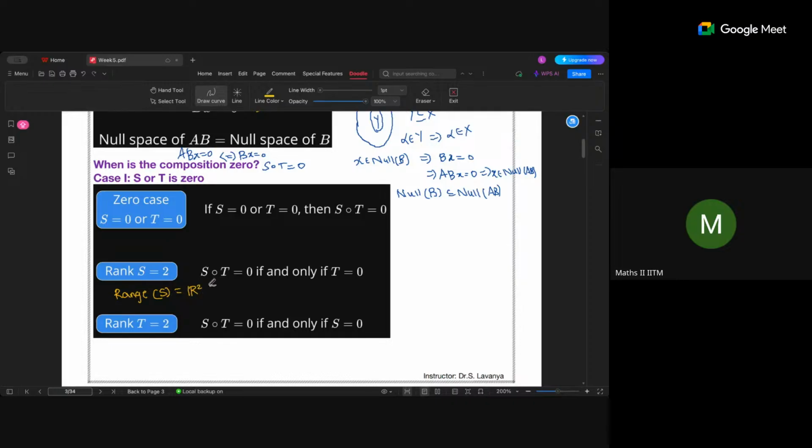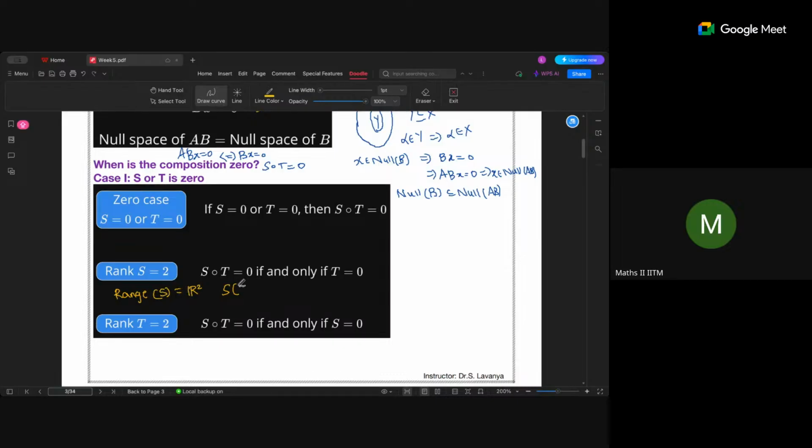So if the range of S is R2 and you have T equal to 0, then it's obvious that S composition T is 0. But if S composition T is equal to 0 and the range of S is equal to R2, what can you say about T? T must be 0, because what is the range of S?